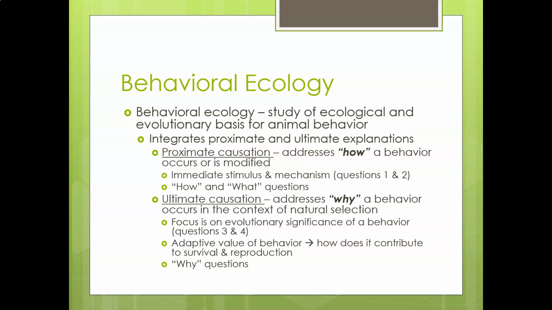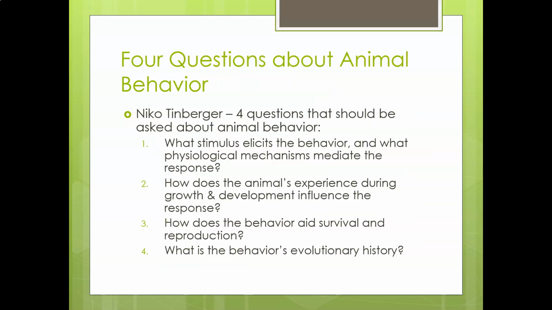So how the behavior occurs or why it's happening. If you go back to these four questions: what's the stimulus and how is the body managing and mediating the response? How does the organism learn that response as it grows and develops? What's the behavioral aid to its survival and reproduction? What's its evolutionary history? Those are the four questions we're going to talk about.